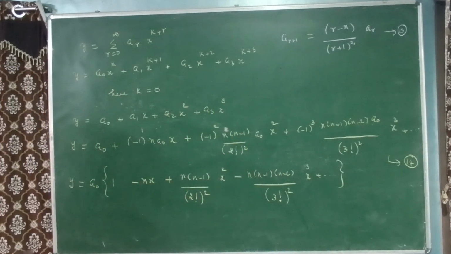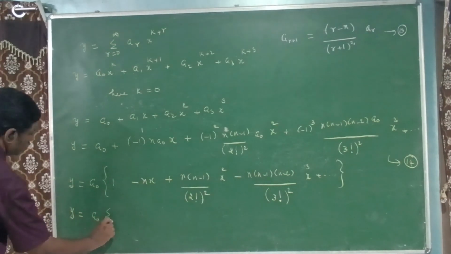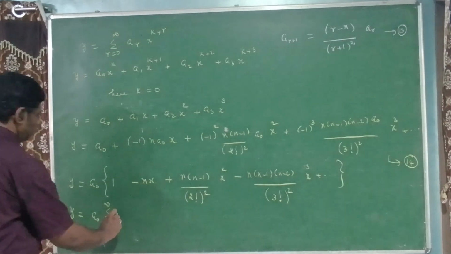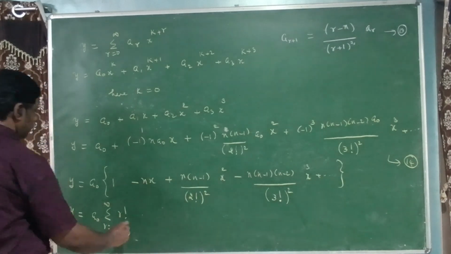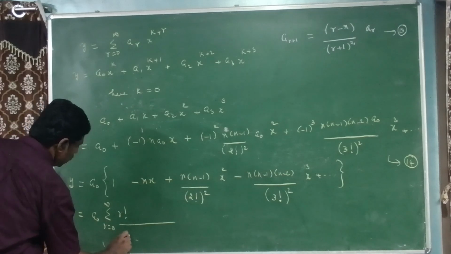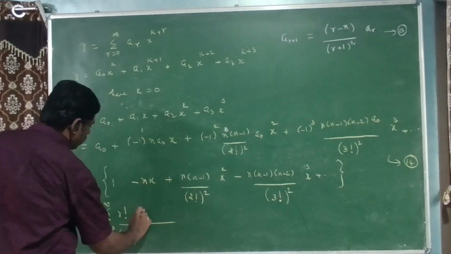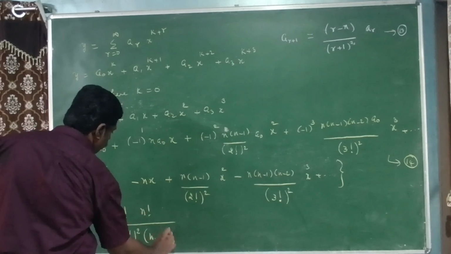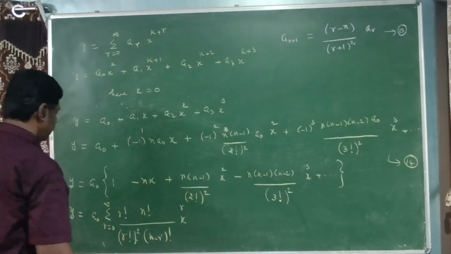Now the entire series is presented in simple form as summation of r equal to 0 to infinity, minus 1 power r, n factorial divided by r factorial square into n minus r factorial, x power r.